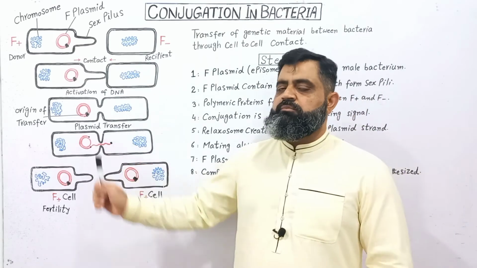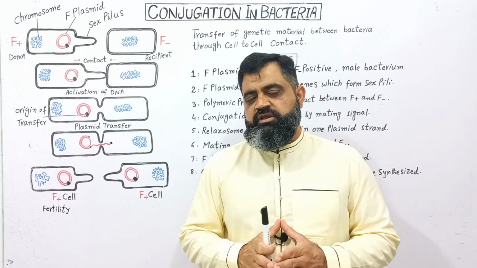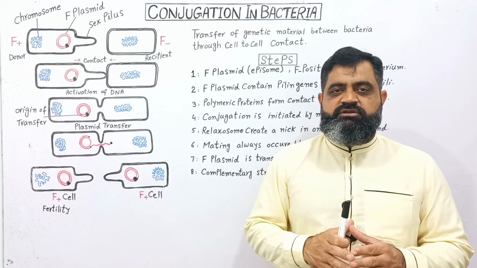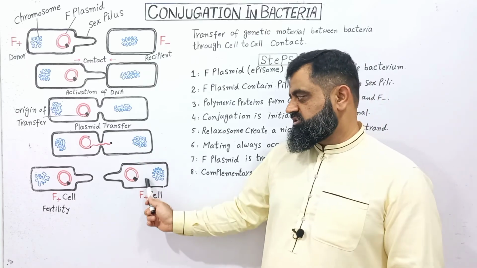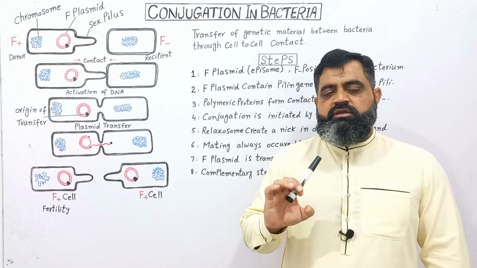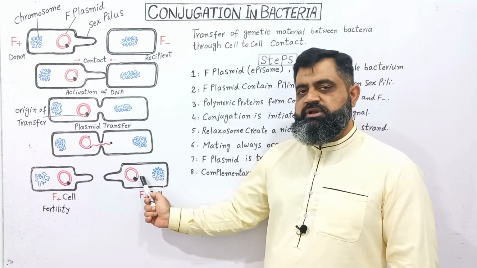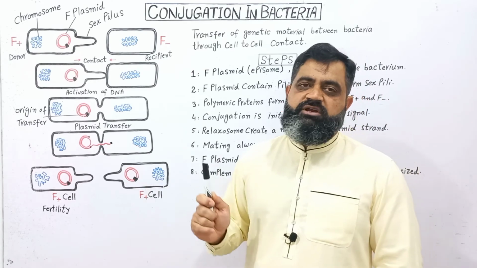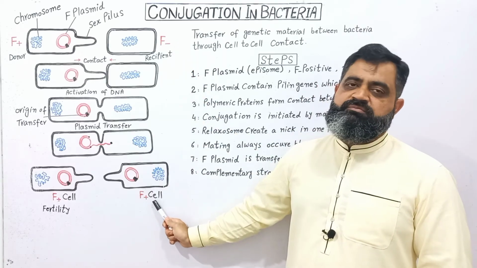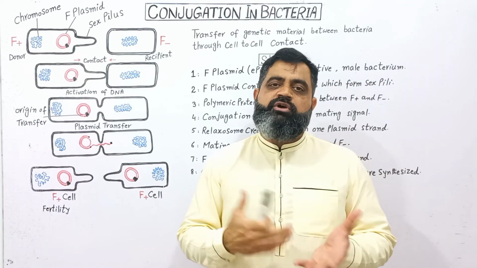Now both bacteria contain a single strand of the F plasmid, and they are going to synthesize the complementary strand. In the next diagram, you can see that this bacterium has synthesized its complementary strand, and its DNA is now a complete plasmid, known as the F positive plasmid. Now this F negative bacterium has been converted into an F positive cell, and it also has the ability to do conjugation.